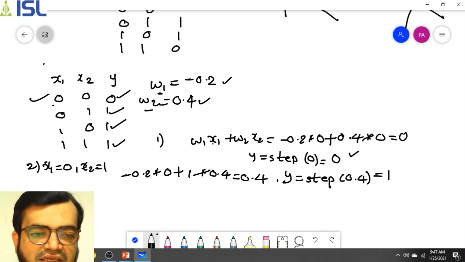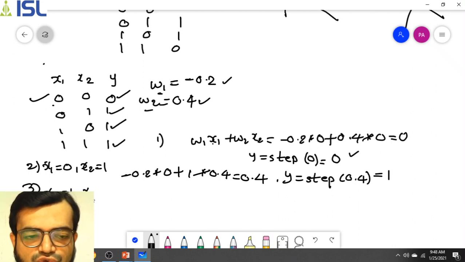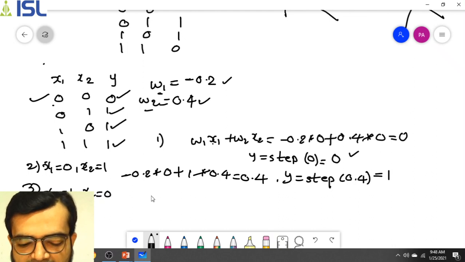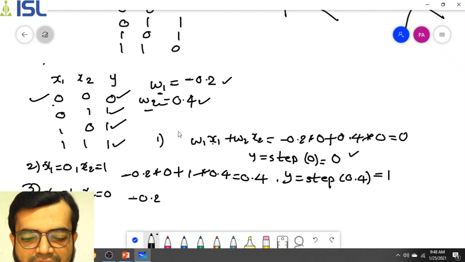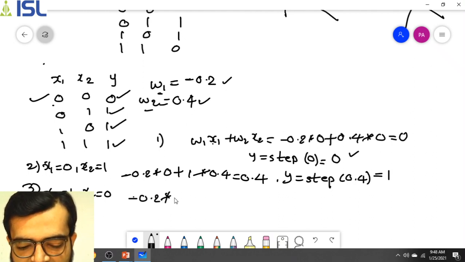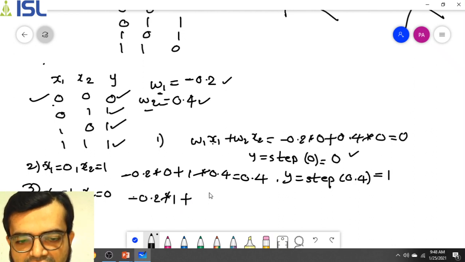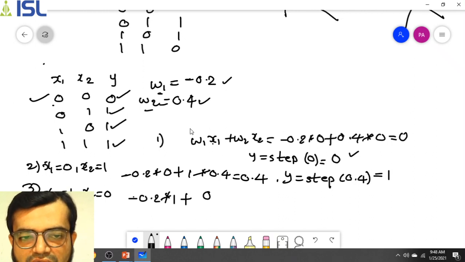Similarly, for the third case, x1 equals 1 and x2 equals 0. Here I am going to take minus 0.2, the same weight, into 1, because x1 is 1, plus 0 into 0.4, where 0 is the x2 value and w2 is 0.4.